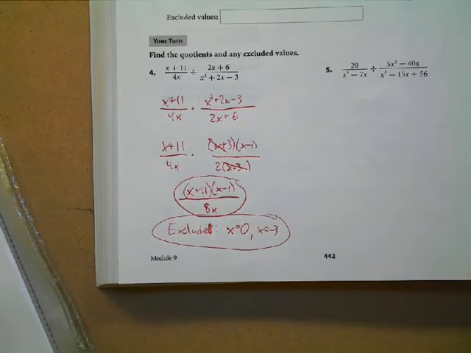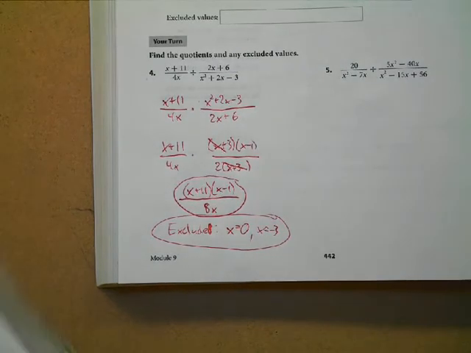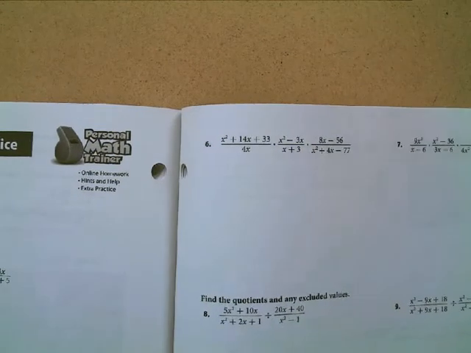I'm going to have you do 3 through 13, the odds, starting on page 446.